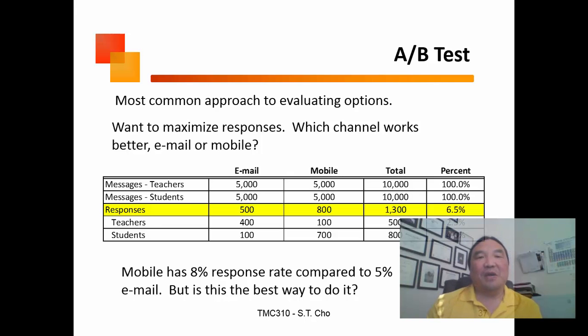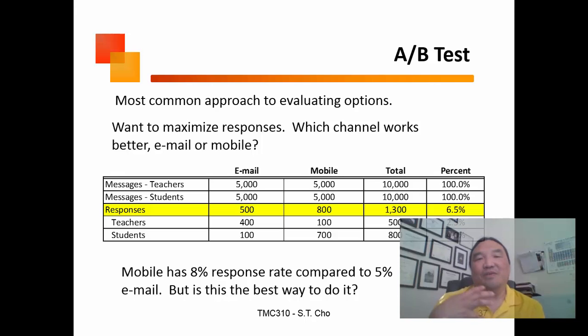A/B testing, also called multivariate testing, has become the de facto standard for validating a model. I've got a couple of different paths I could go. Which one should I pick? For example, I want to get data and I need responses.